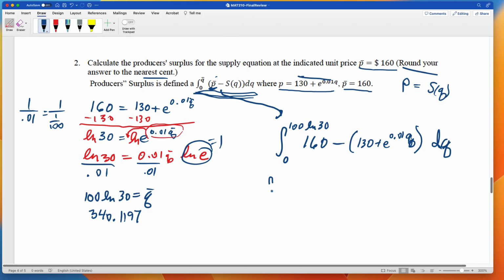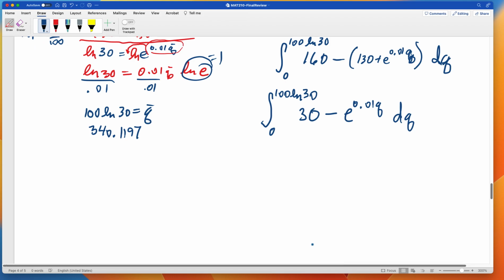So the integral from 0 to 100 natural log of 30 of 160 minus 130, which will be 30, and then this negative distributes over, and we get a minus e to the 0.01 Q dq. So now we're ready to integrate.